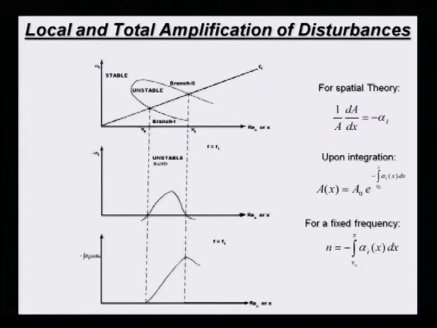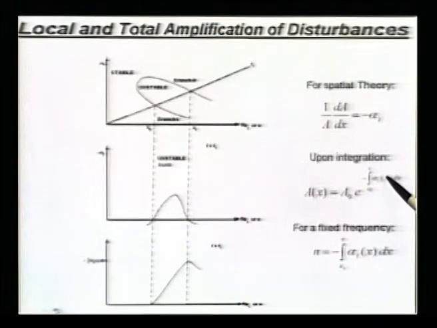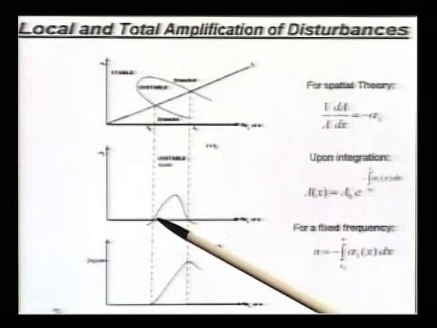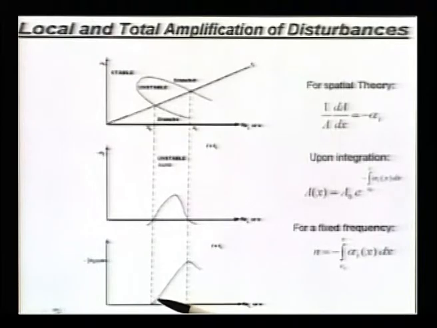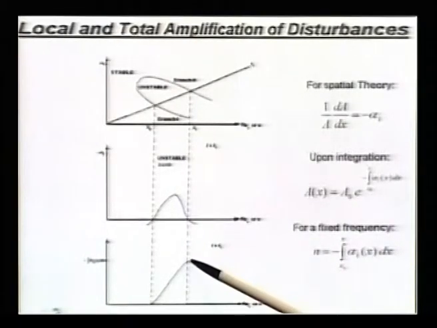So, what we find is that we are integrating alpha I dx, and minus alpha I goes like this. So, if I integrate it, it will go like this. It will continue to grow, but the rate is going to change depending on the location, but beyond this, of course, it will decay.